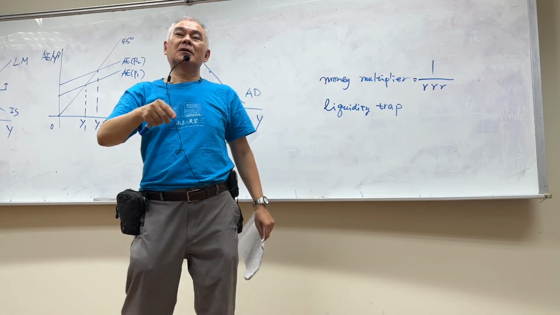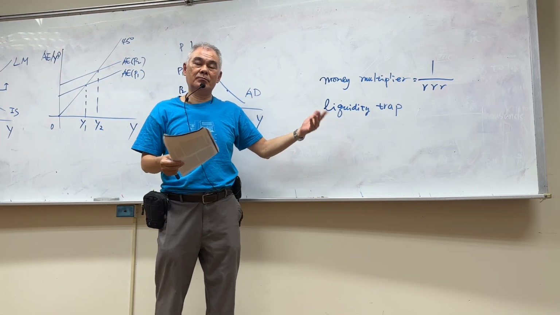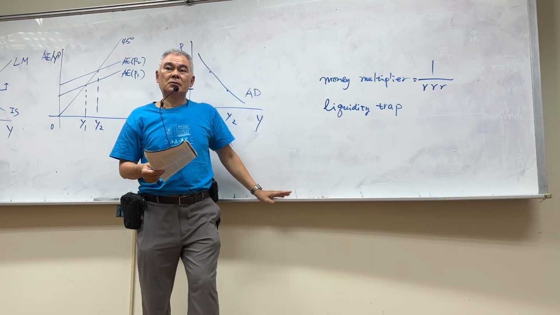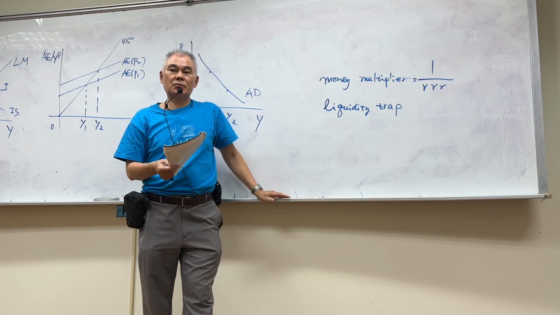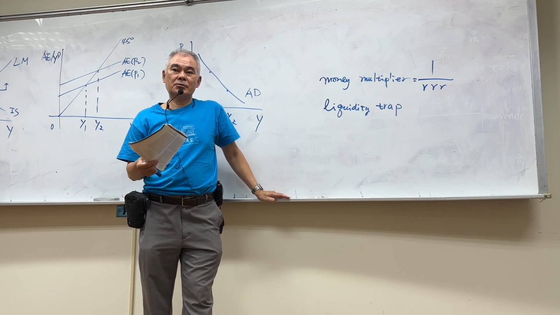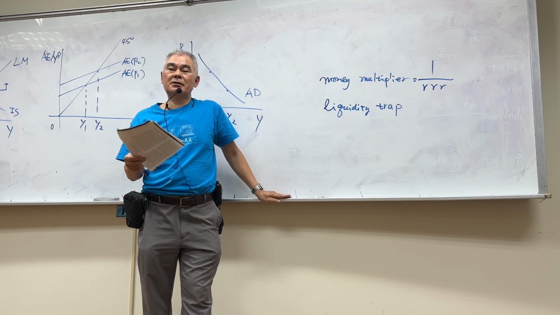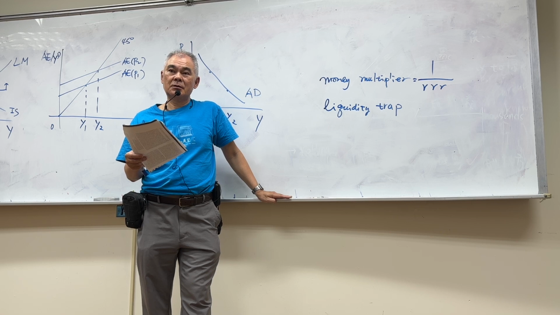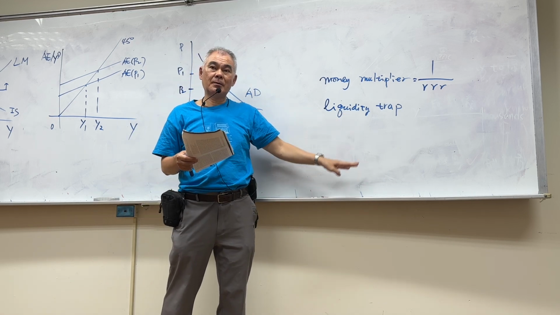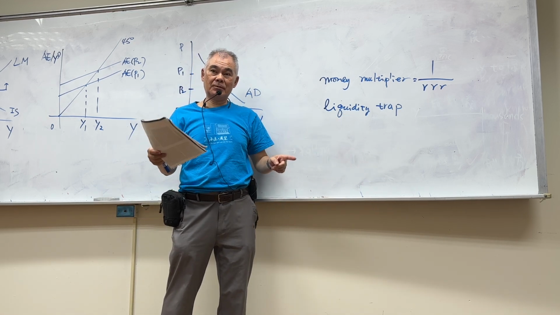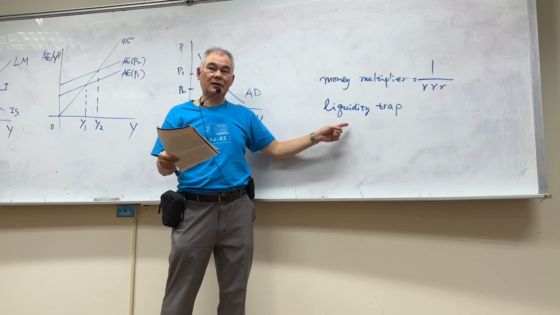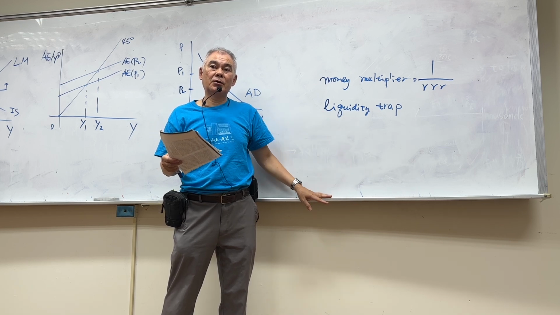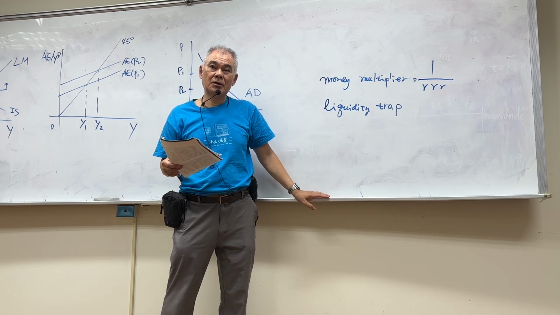Okay, good. And so what is the main point? When you have a liquidity trap, what will happen? If the money supply increases, will the interest rate be lower if you have a liquidity trap? If you increase money supply, will the interest rate become lower?